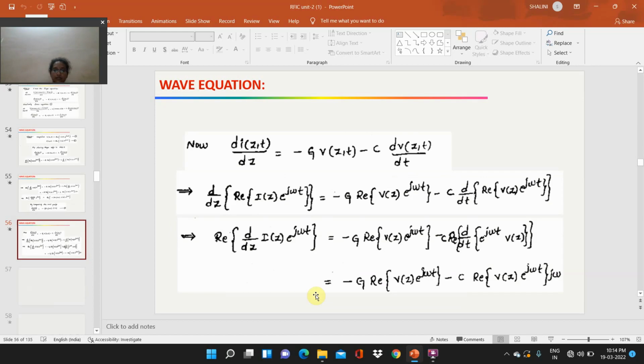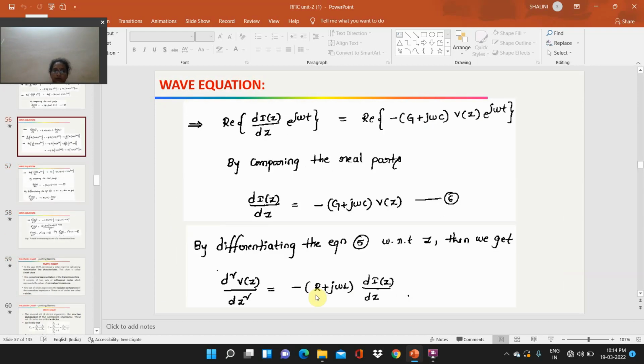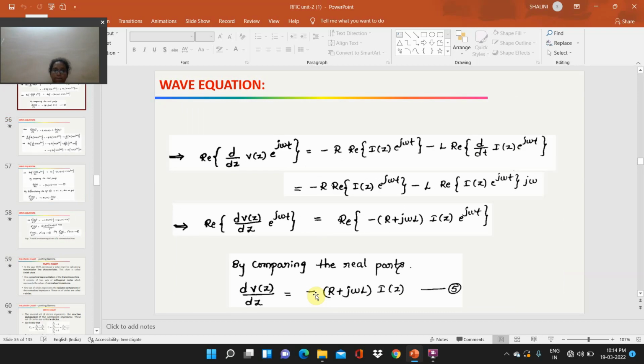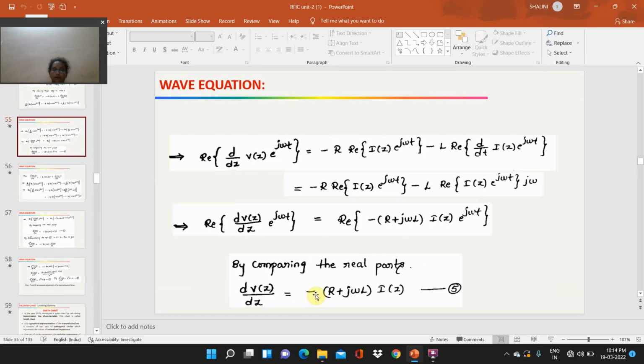Hence these equations will be like this.